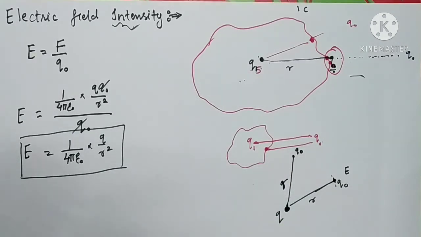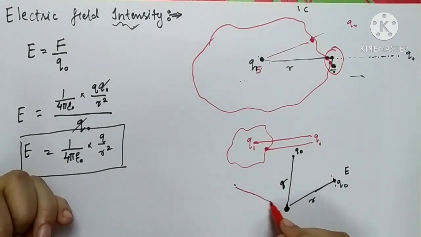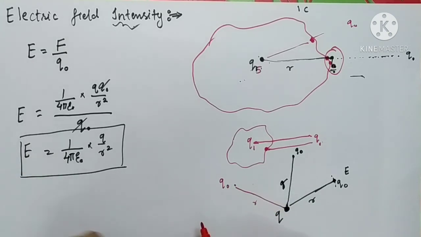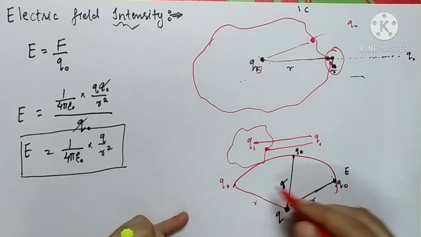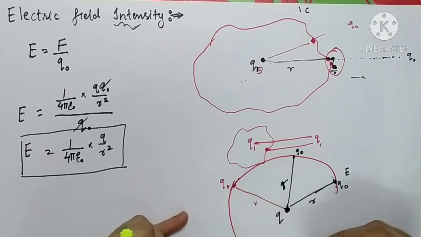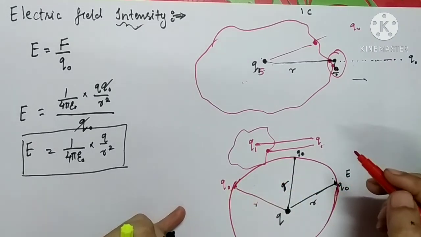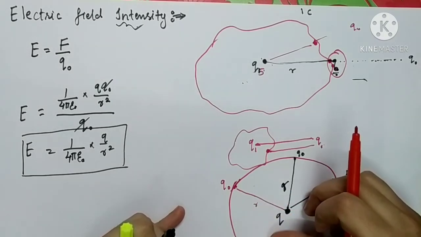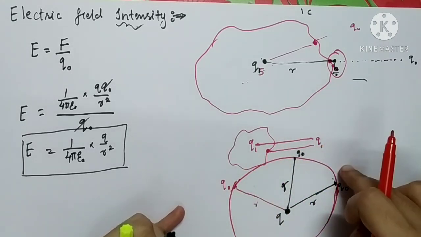Similarly, if the charge Q0 is placed here at the same distance R, again it is going to experience the same amount of electric field. So this electric field will be constant on this spherical surface, obviously, because this distance is the same everywhere surrounding the charge. So this electric field is going to remain constant over this spherical surface.